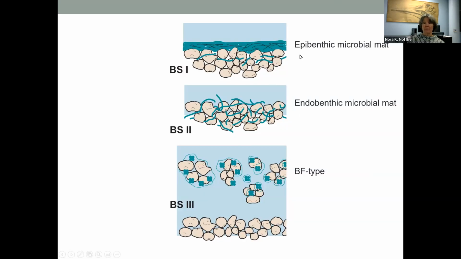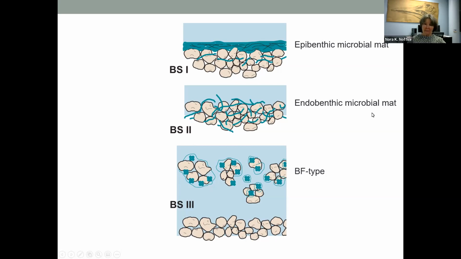Let's start with epibenthic microbial mats. They seal the sediment completely and basically change the effect of water from being turbulent towards laminar. And we know that laminar flow has much less erosive energy than turbulent flow. So this type of biostabilization increases the resistance of the surface against erosion by magnitudes of 12.